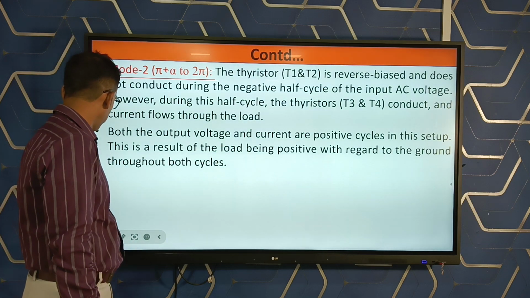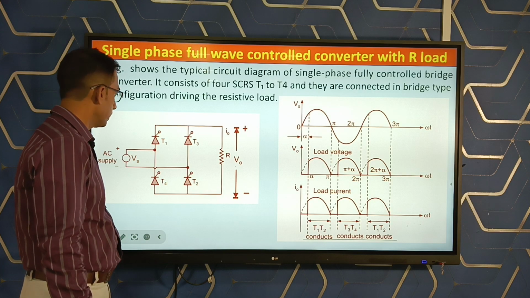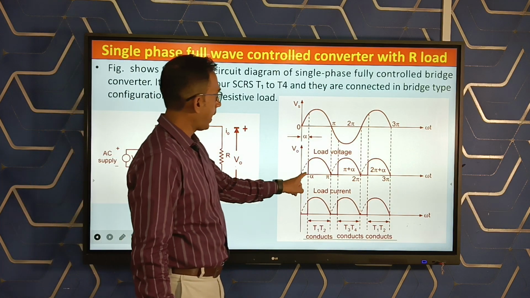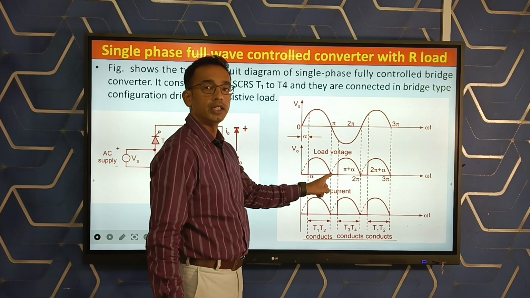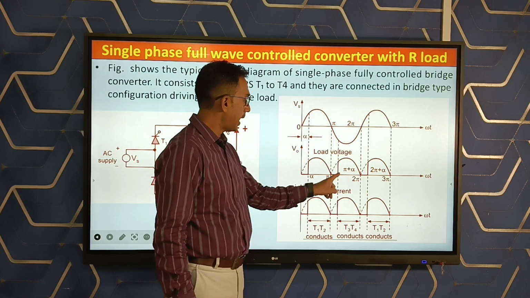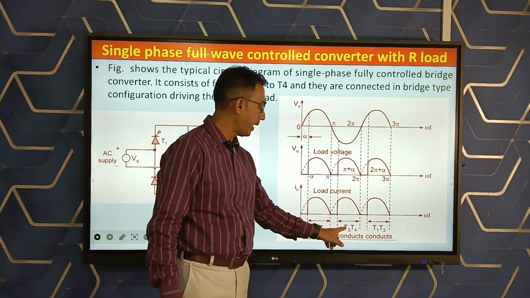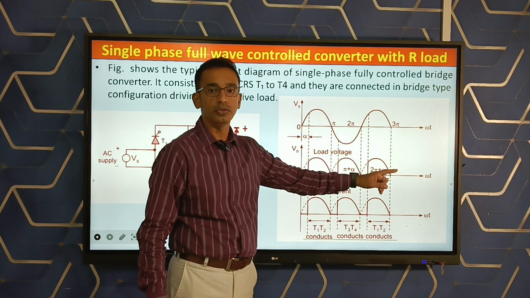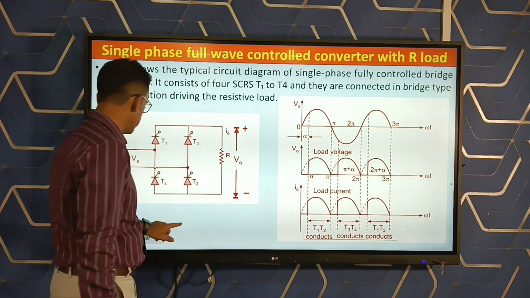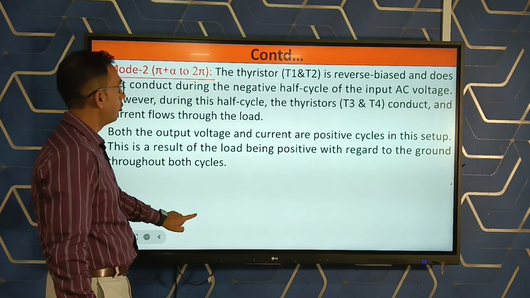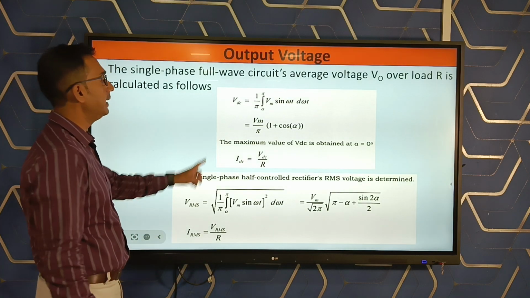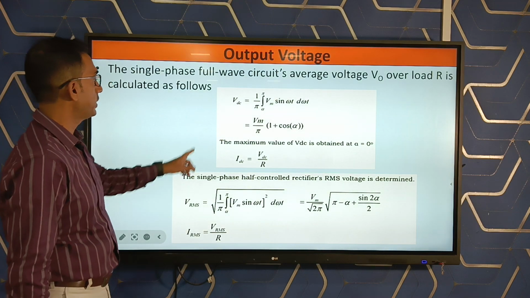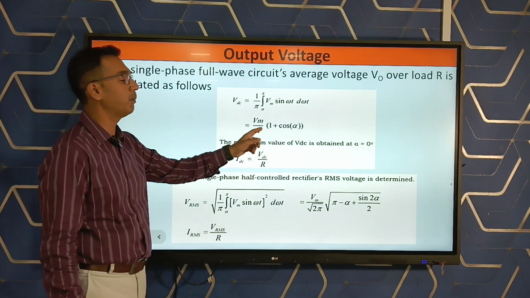Here in the waveform diagram, again you see, from alpha to pi T1 T2 are conducting, and from pi plus alpha to 2 pi T3 T4 are conducting. Again the cycle continues. In the output voltage formula, VDC equals Vm by pi into 1 plus cos alpha.